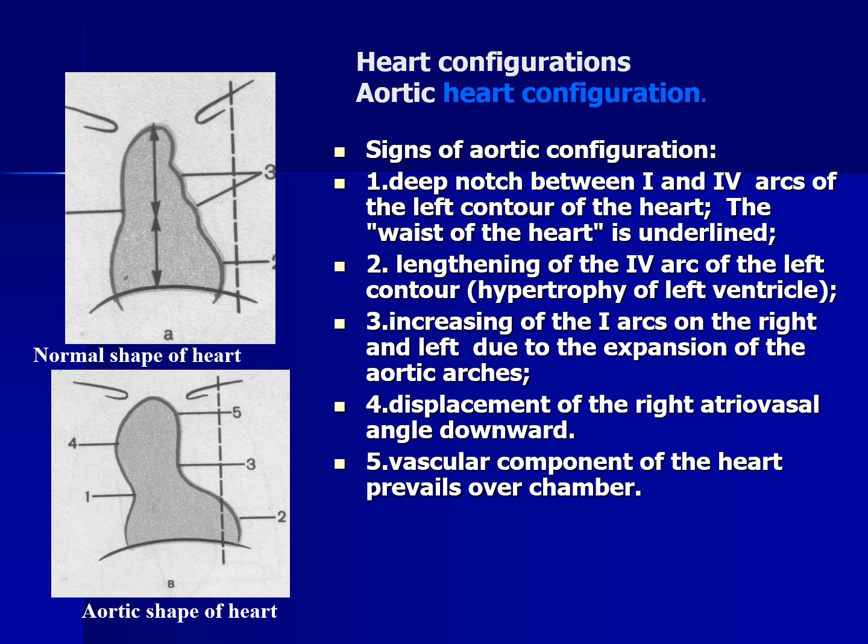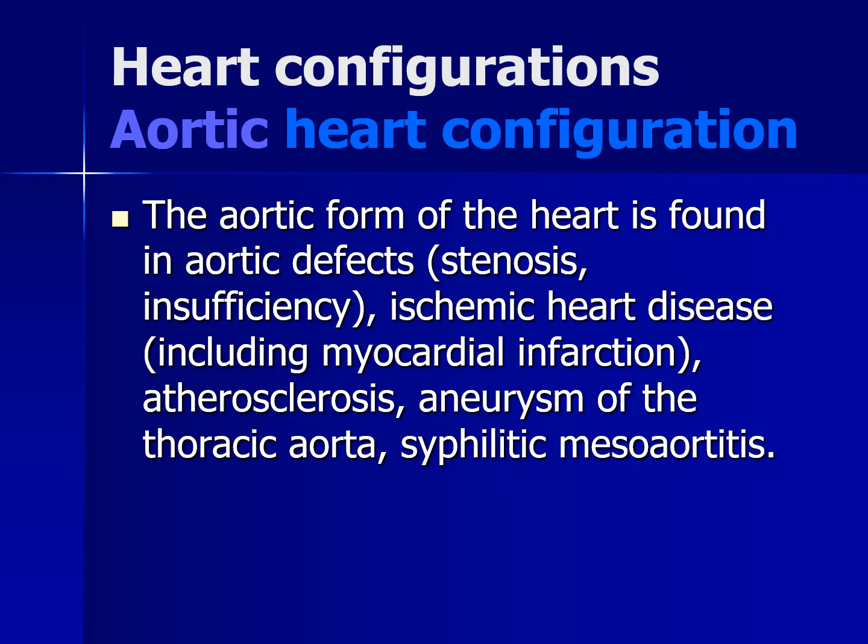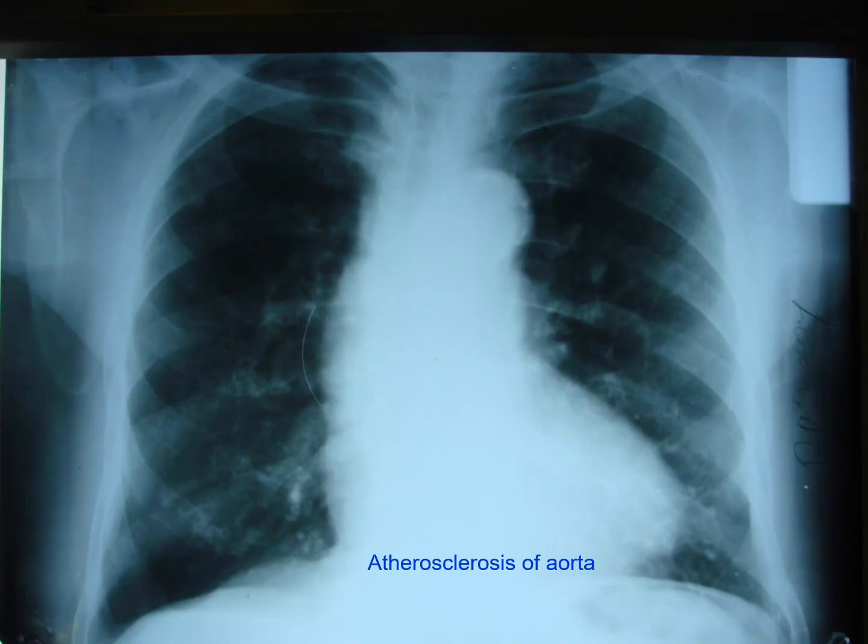And the vascular component of the heart prevails over the chamber. The aortic form of the heart is found in aortic defects, stenosis, insufficiency, ischemic heart disease, including myocardial infarction, atherosclerosis, aneurysm of the thoracic aorta, syphilitic mesoaortitis.